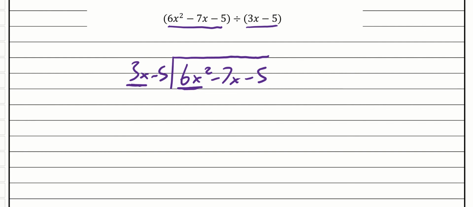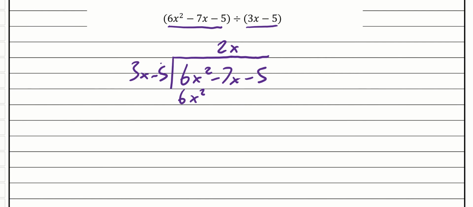I need to multiply it by 2 and then by x. So the value I need to multiply it by is 2x, and I'm going to put this value up top. If I multiply 2x times 3x, I get 6x squared, and I'm going to put that value down below, just like you would do in long division. And I need to do that same thing with the negative 5 as well.